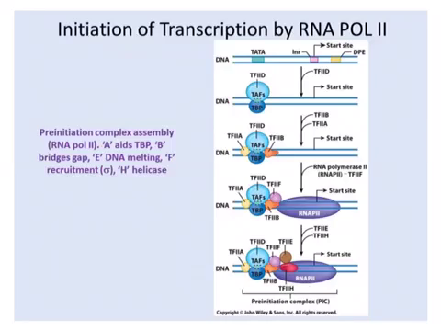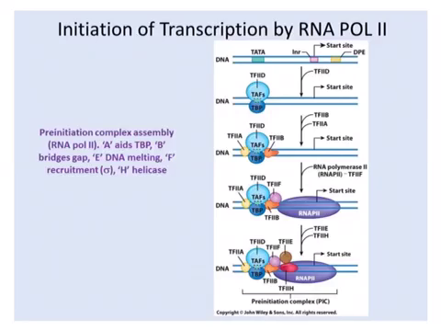So initiation of transcription by RNA polymerase 2 at the promoter site of a gene requires what are called general transcription factors. And these general transcription factors are shown here. TF2D, TF2A, TF2B, etc. And they're thought to bind in a particular order to really help recruit RNA polymerase 2.